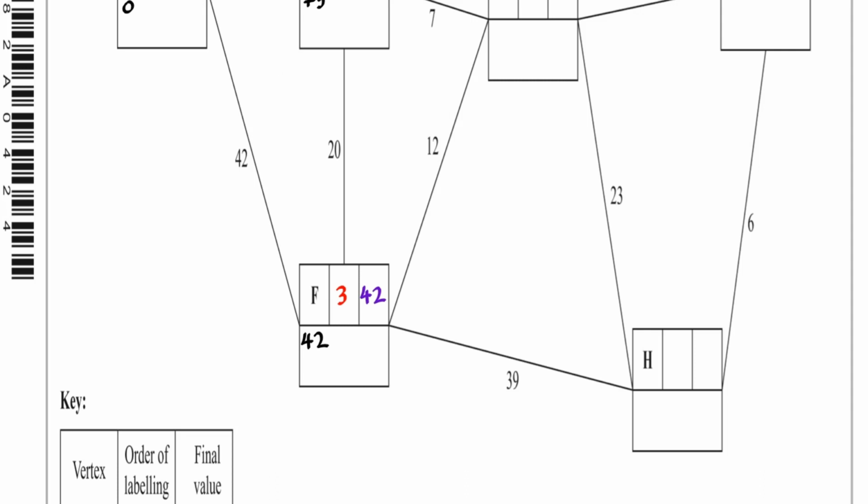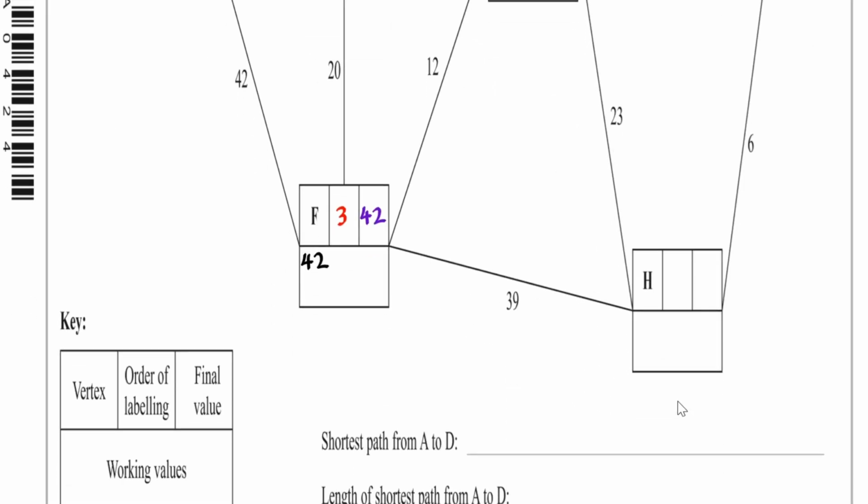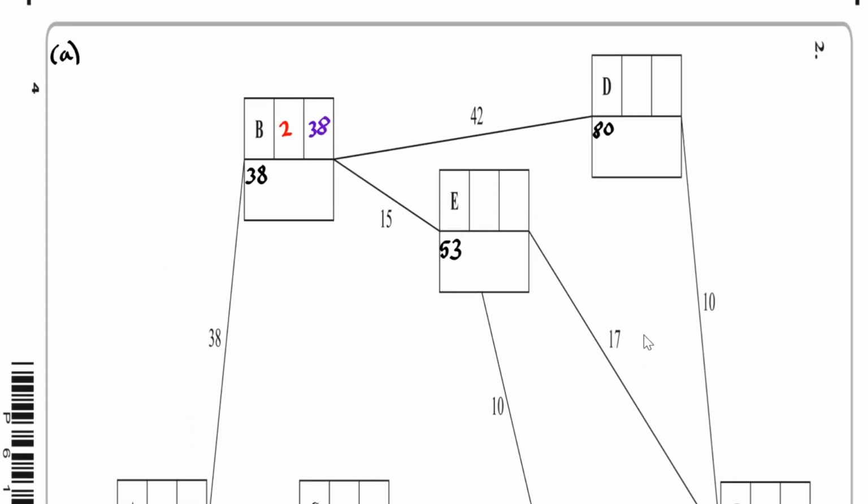We continue as normal. 42 plus 20 is 62. 42 plus 12 is 54. 42 plus 39 is 81. And the smallest value out of all of these is this 53. In the final value box, we write a 53 and we assign E the number 4.